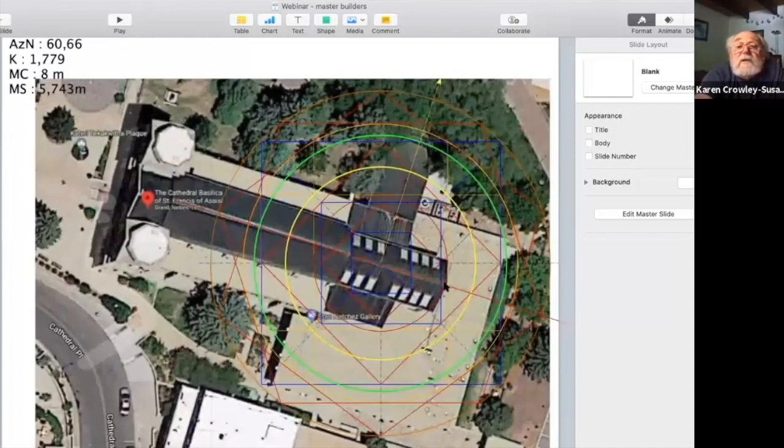Here you can see the pentagon, the pentagon of Santa Fe. It's a little bit complicated to see, but it is here, and so you see the pentagon here.